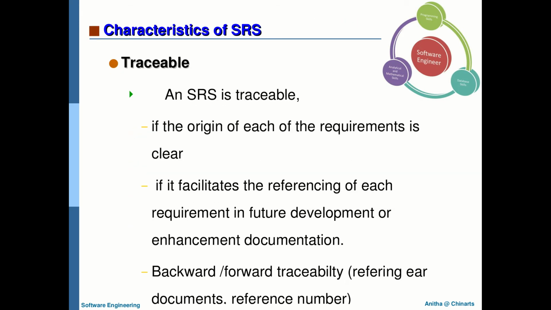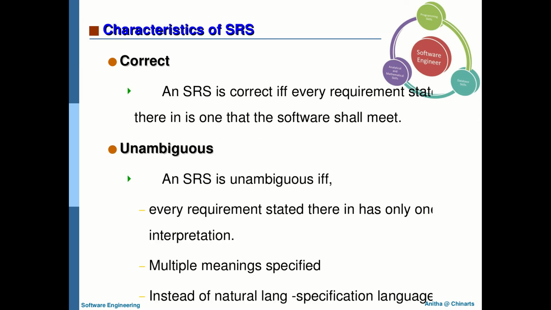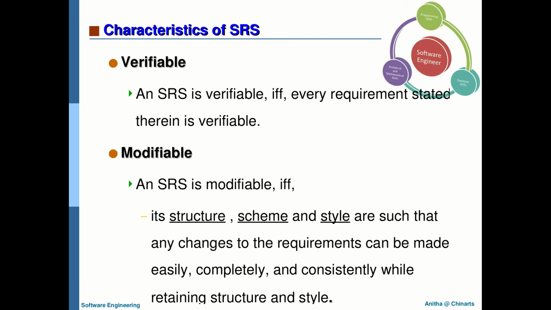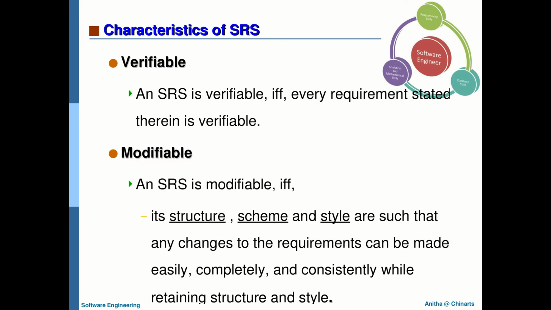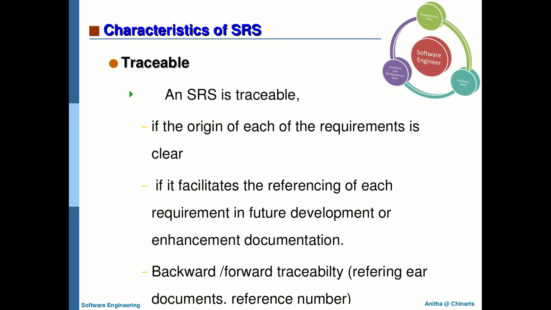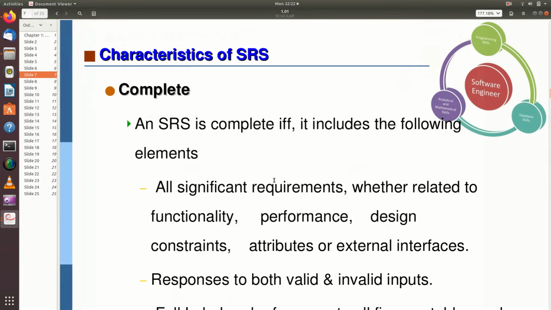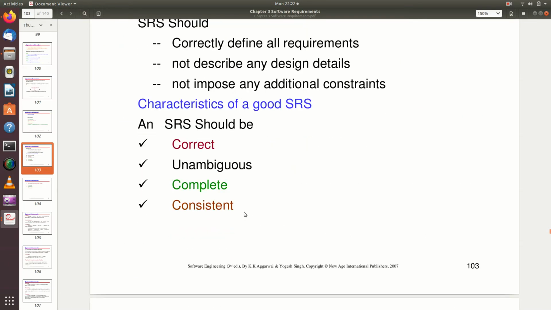So these are the characteristics of SRS. It is correct, it is unambiguous, it is complete, it must be consistent, it can have ranking, it is verifiable, it is modifiable, it is traceable. These are the different characteristics of SRS. Let me go to see, these are the things we have seen.